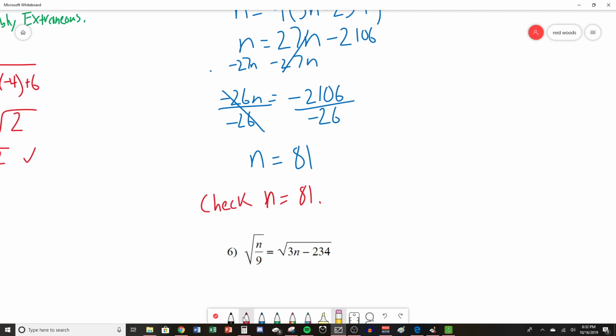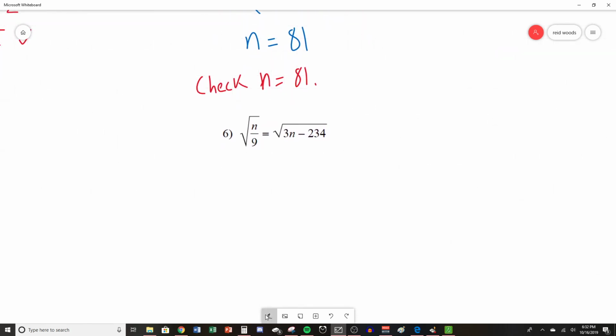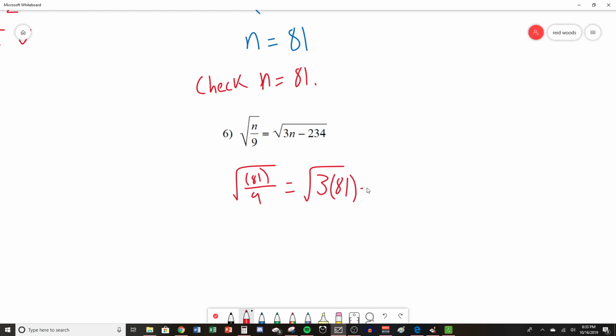So I want to check this question. So anywhere there's an n, we're going to actually put in 81 just to see if it works. So this is square root of 81 over 9 equals the square root of 3 times 81 minus 234.